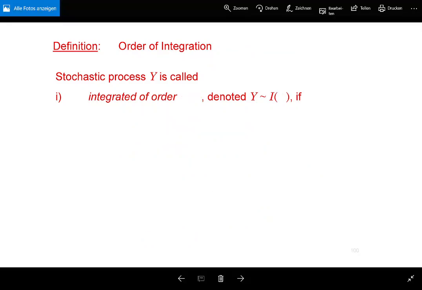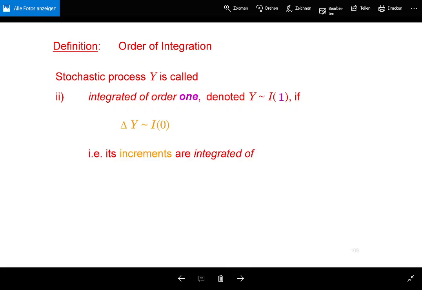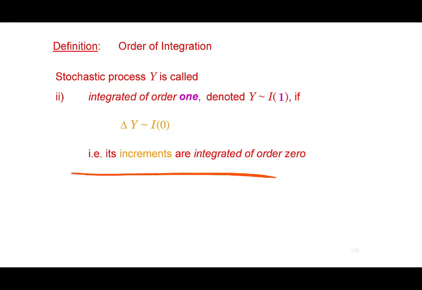Now, the process is going to be called integrated of order 1, which, again, I mentioned before, if the increments are integrated of order 0. So not just stationary increments, but a non-stationary process with stationary increments. So if a process is integrated of order 1, then it's non-stationary.